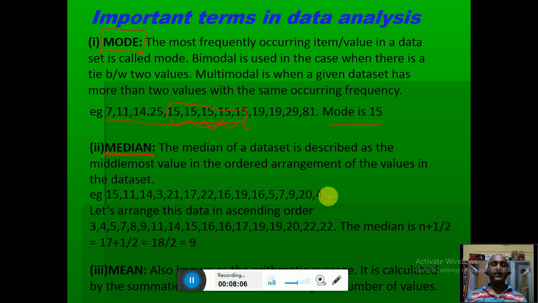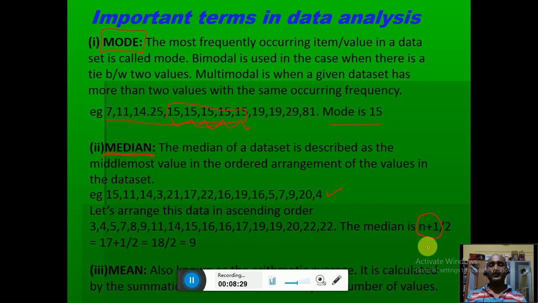Then the median is nothing but the middle number of the entire data. Okay, let us assume that this is your data. Then we have to arrange this data either in ascending order or descending order, and then observe the middle number. Okay, if the middle number is an odd number, then there is no problem. But if the middle number is an even number, then we have to actually add 1 to that.